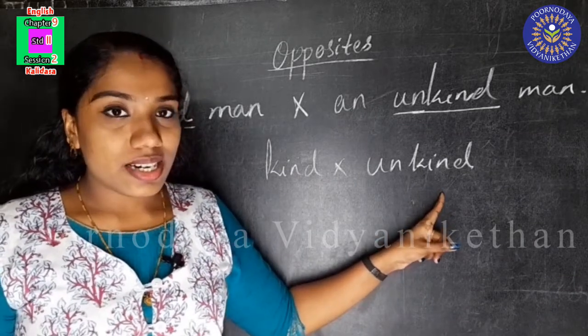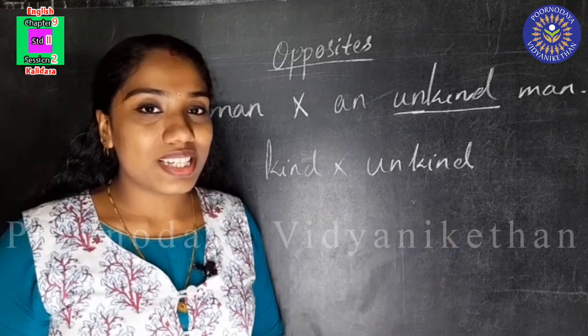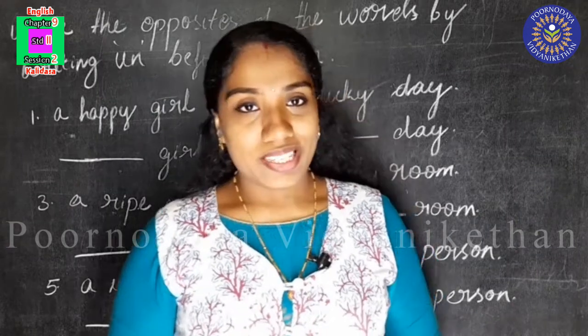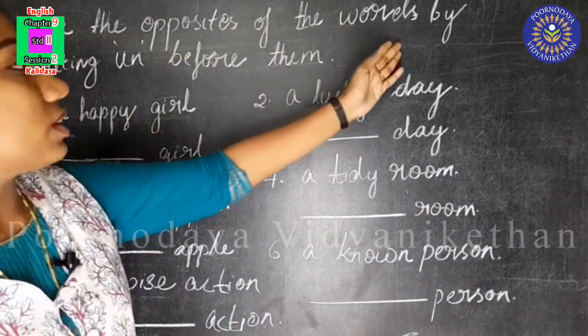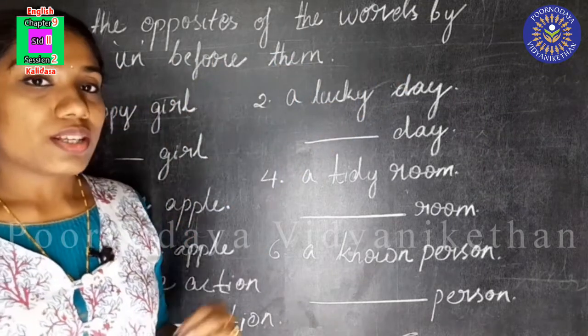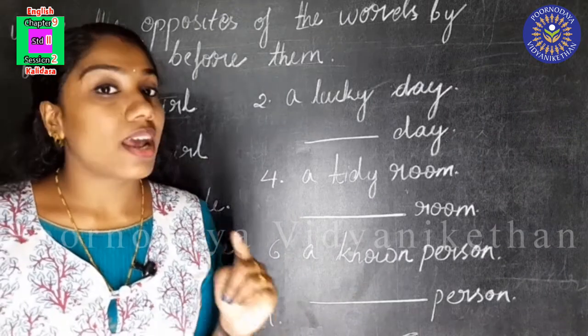Did you understand, children? Now, we'll do some more examples. Are you ready to do it? Now, look here, children. See this. Write the opposites of the words by writing un before them. So, we learned how to make the opposites using un.